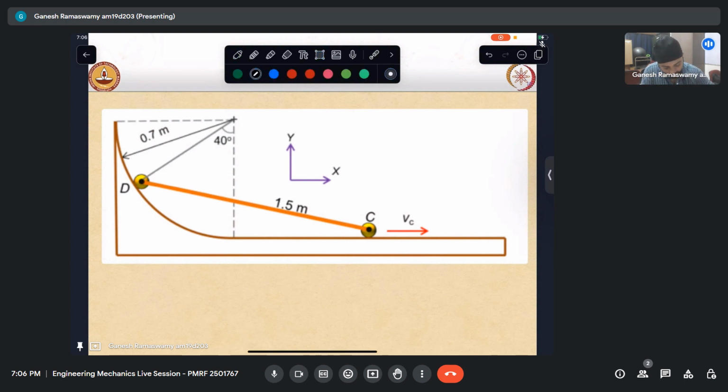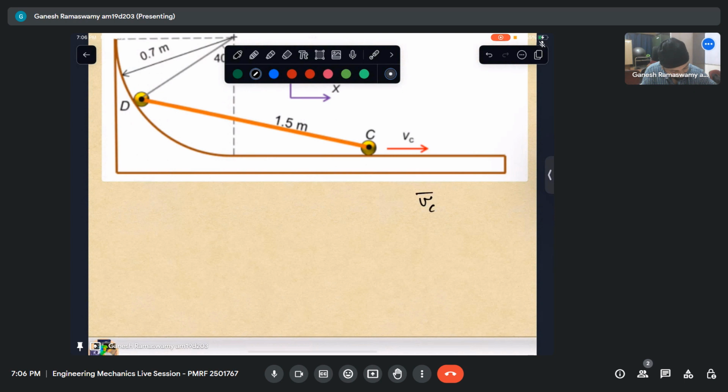I know that the velocity of this point C, Vc, is nothing but 6 i cap. Acceleration of C is 0. So this much I know. It is given in the problem.